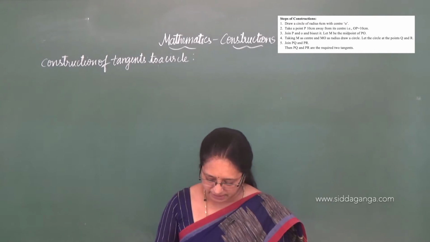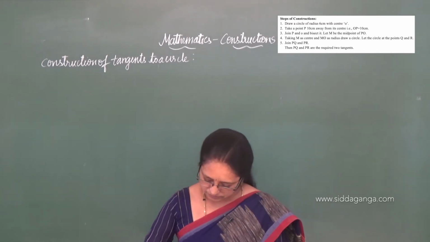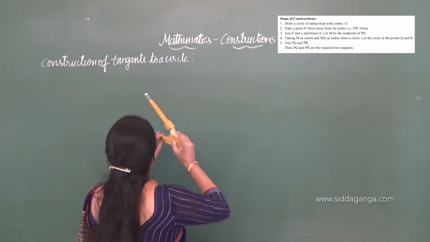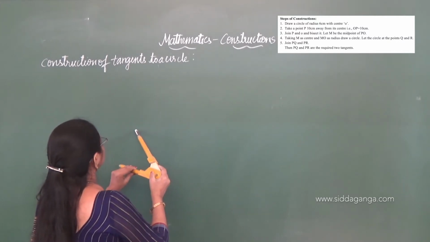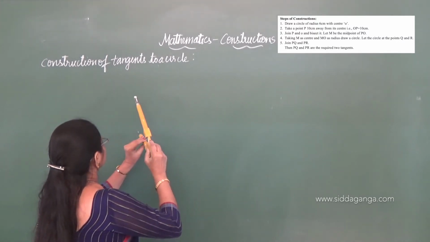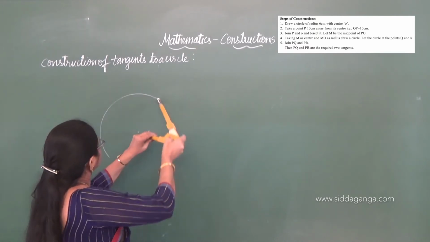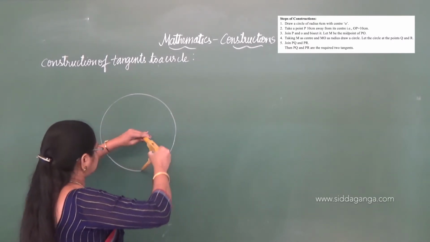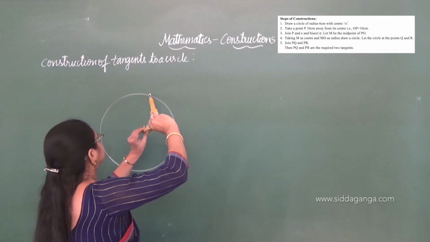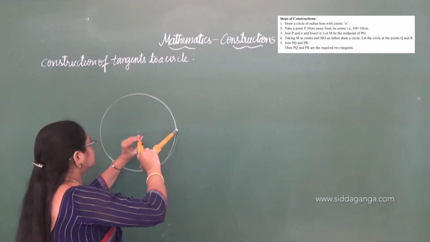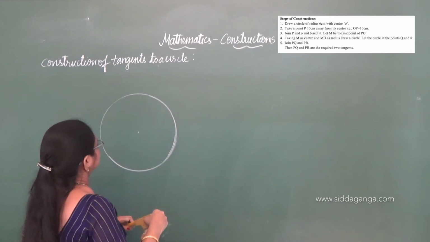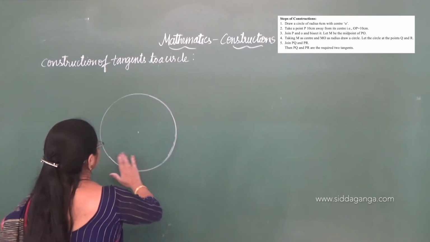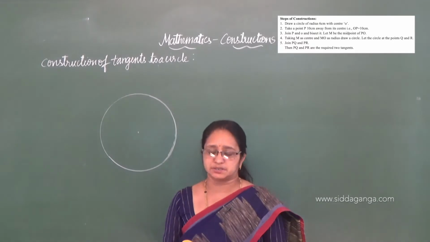With 6 centimeter as radius, you have to draw a circle.